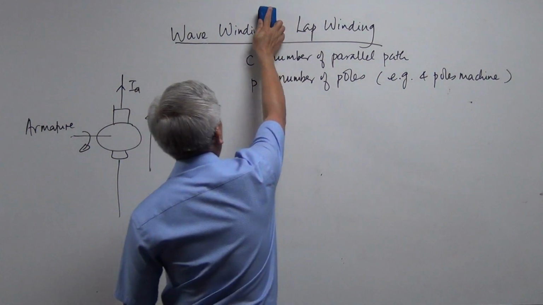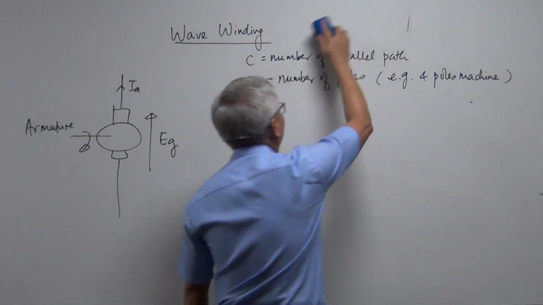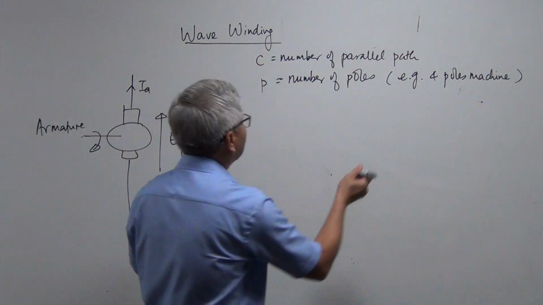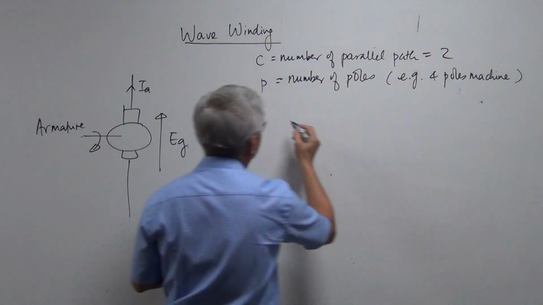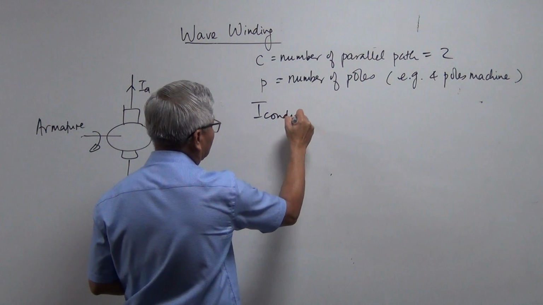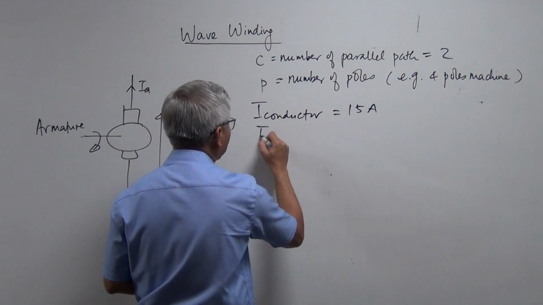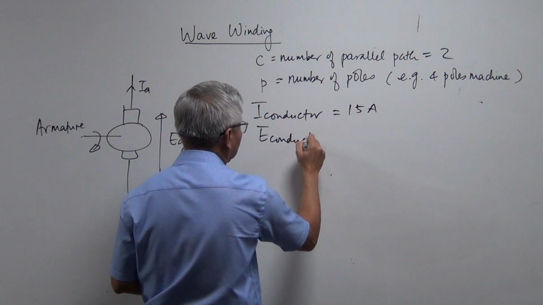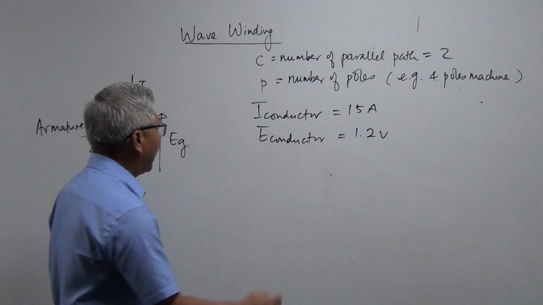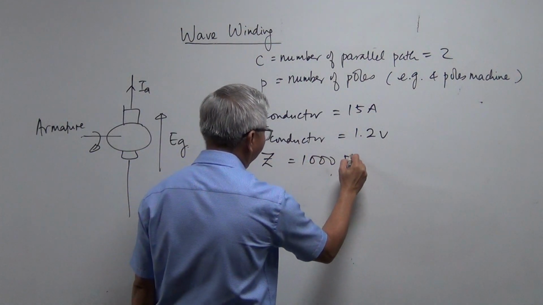Okay, so now let's talk about wave winding. For wave winding, the number of parallel paths is equal to 2, right? And if I say that the current through each conductor is equal to 15 ampere, and the voltage produced by each conductor is equal to 1.2 volts, and there are 1,000 pieces of conductor.